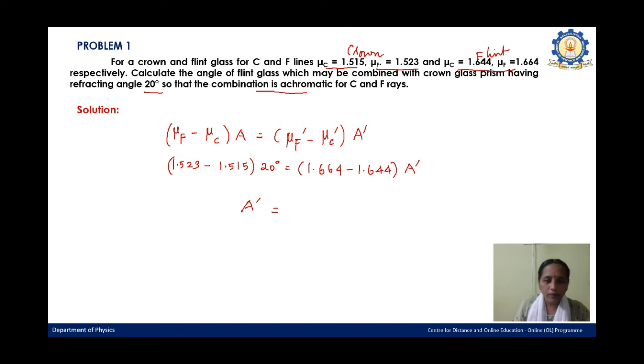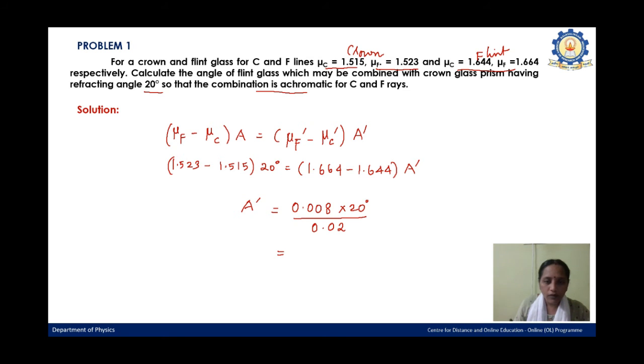When I subtract 1.523 and 1.515 I get 0.008 in the numerator, into 20 degree, divided by 1.664 minus 1.644. In my calculator it shows 0.02.